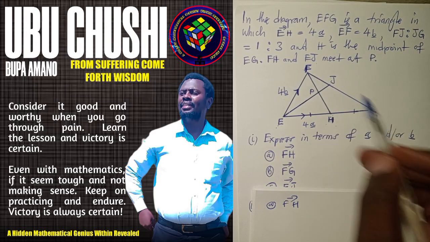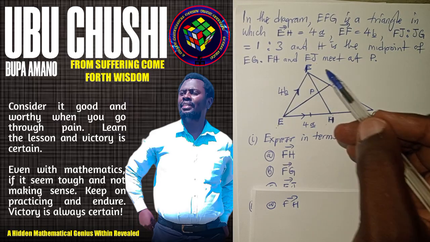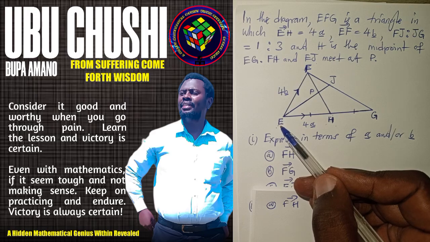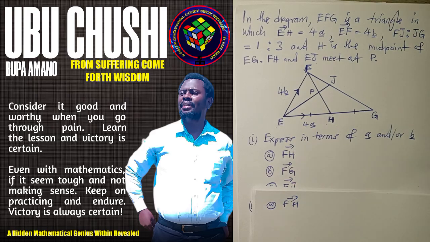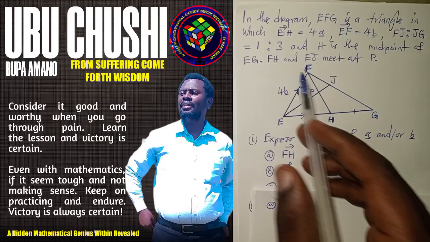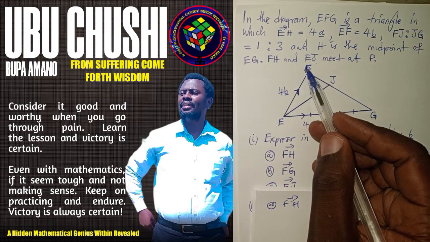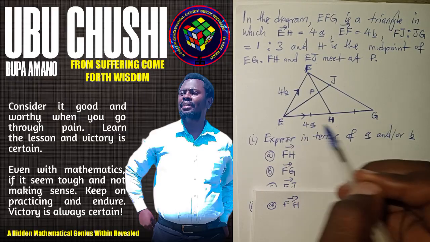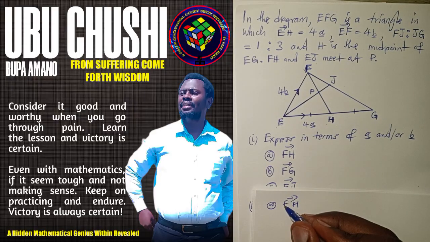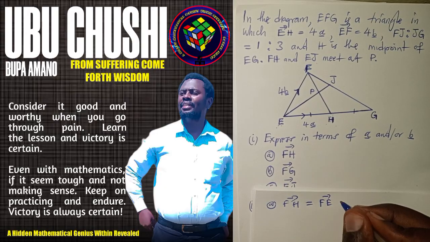There is FG plus GH, or FE plus EH. Which one are we going to take? We don't have FG, so we are going to take the other route, FE plus EH. So FH is equal to FE plus EH.